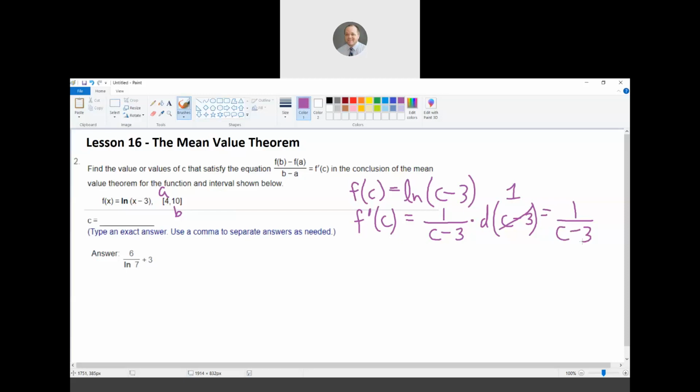Now let's go back and find f of b and f of a. F of b, b is 10. So this time around, replace every x in your original function with 10. That would be natural log of 10 minus 3, which is natural log of 7.